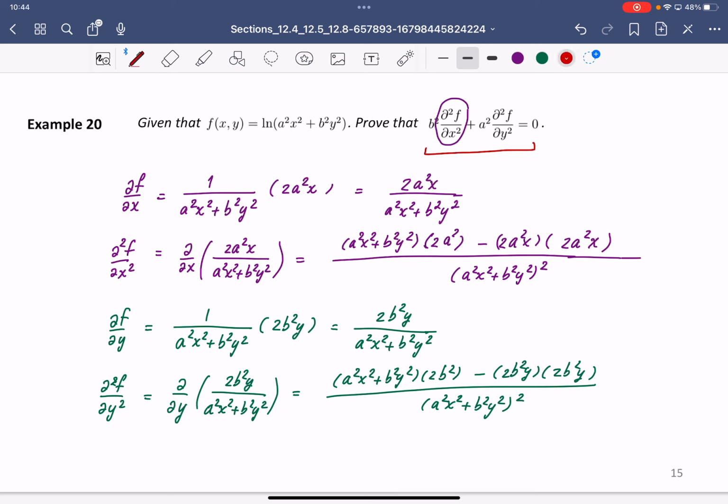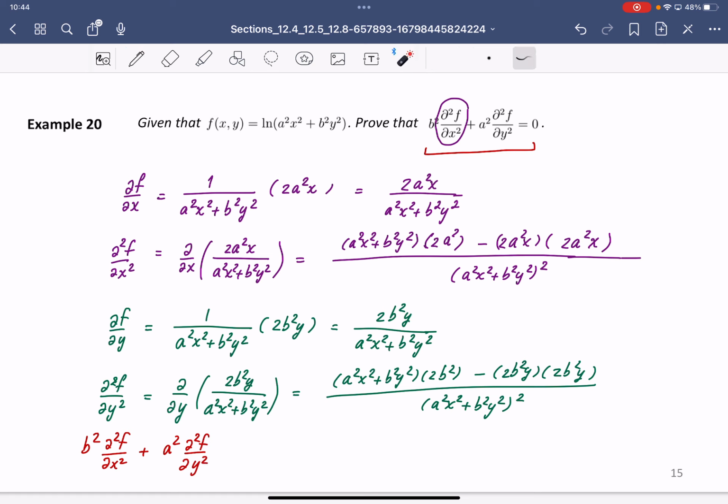So what you have next is you can just compute the thing that you want now. So it's b square differentiate 2 times of f with respect to x, plus a square differentiate f with respect to y, 2 times.